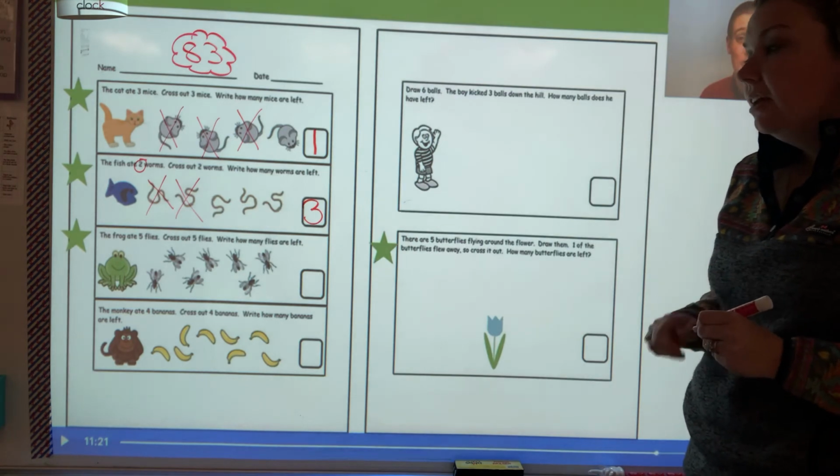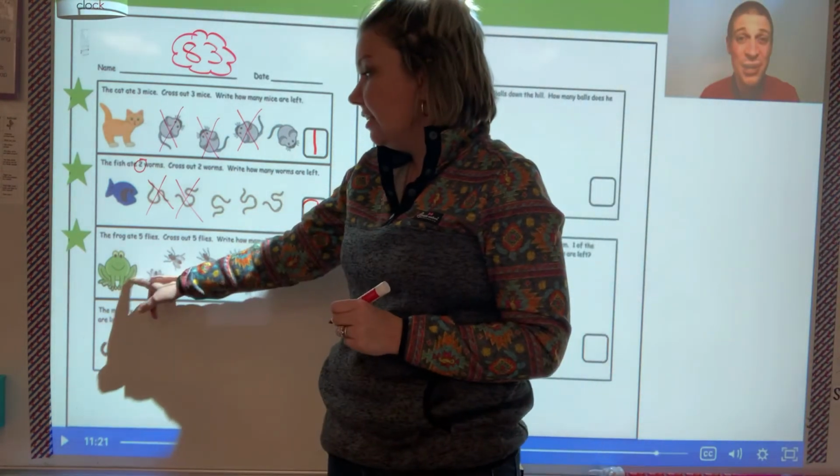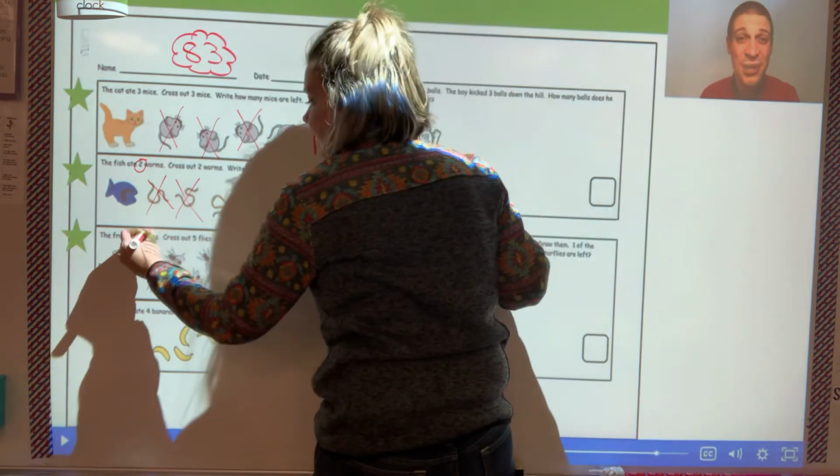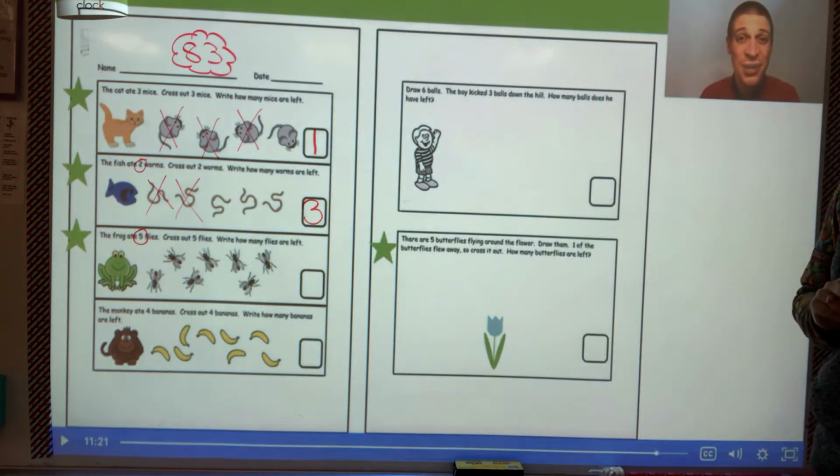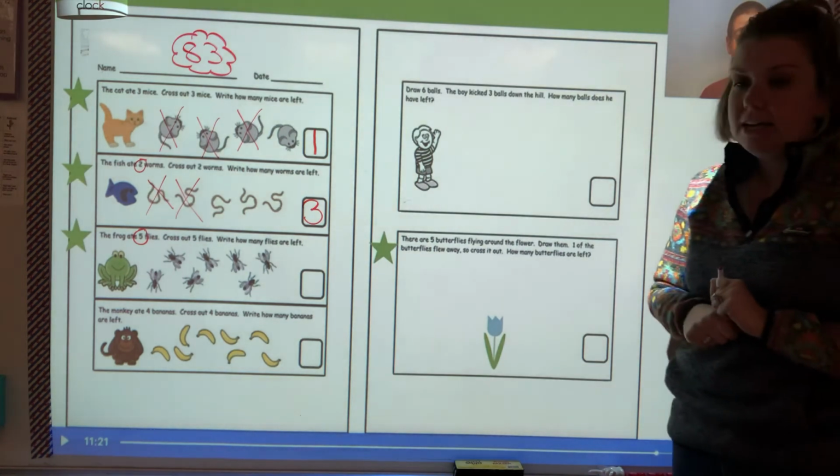Okay. The frog ate 5 flies. Show that and write how many are left in the mystery box. The frog ate 5 flies.